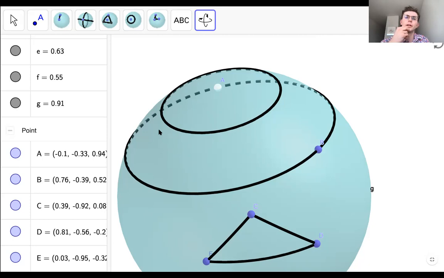So good. In the case of surfaces, what happens is that you have one possibility, and I'll say this more precisely in a moment.